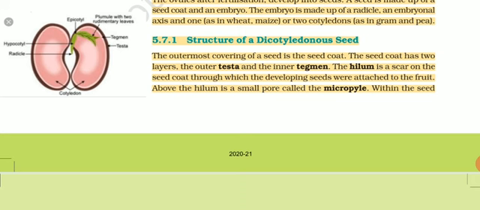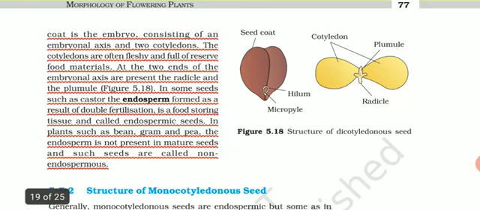Above the hilum, you can see a small pore. Whenever we soak seeds or let them germinate, water gets absorbed through this small pore, and it is called the micropyle.